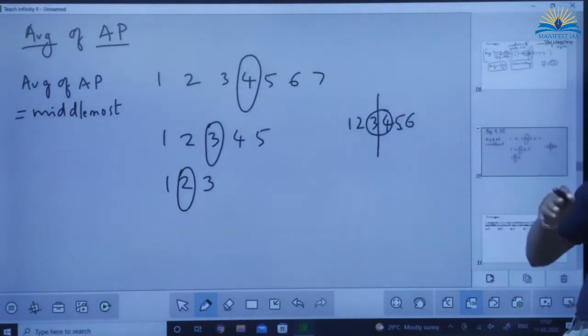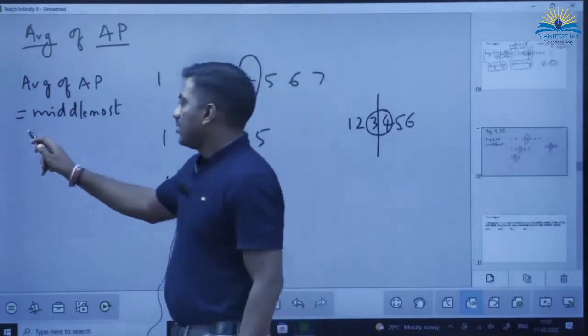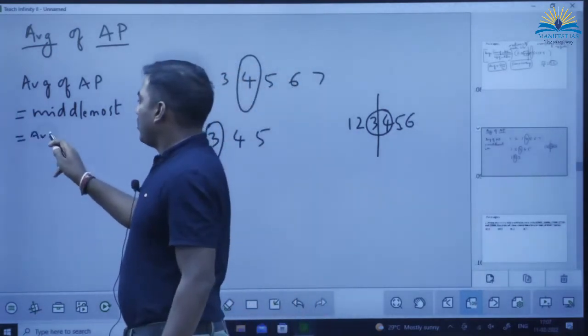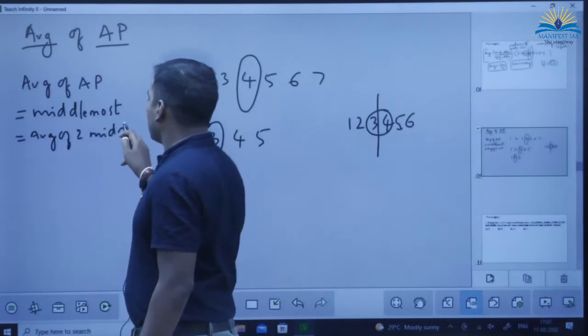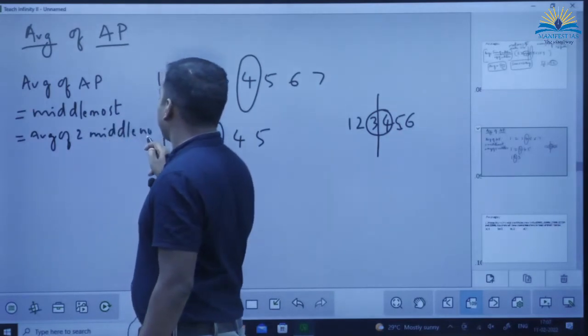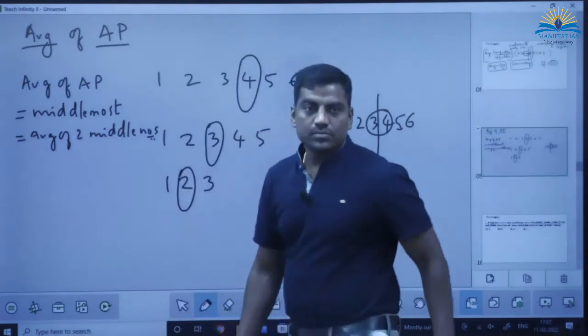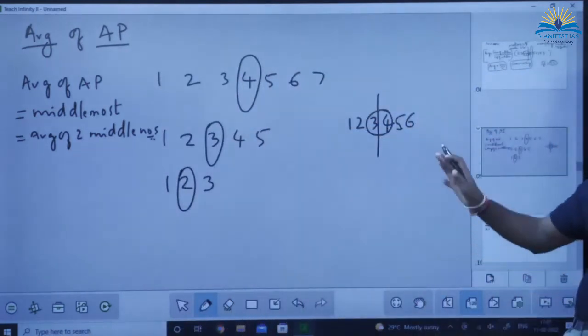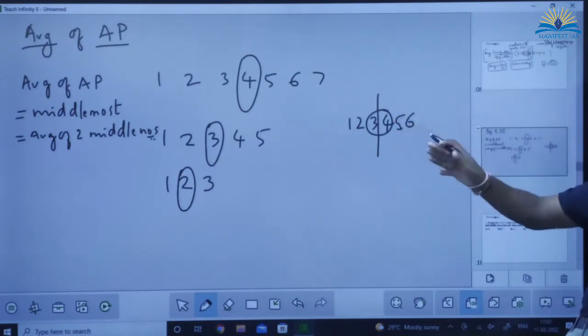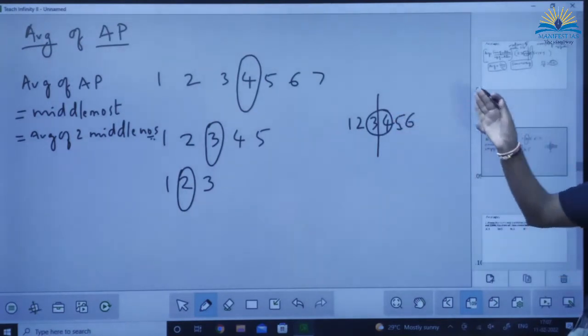So sometimes the middlemost is nothing but the average of two middle numbers. Average of two middle numbers. Since we can see these numbers, we can write them and decide.